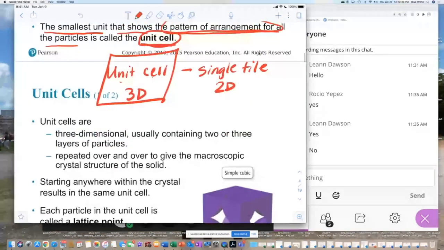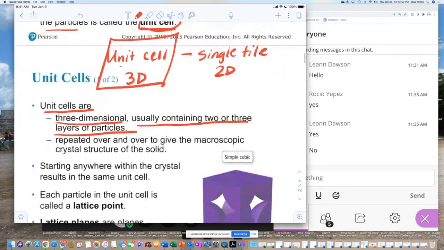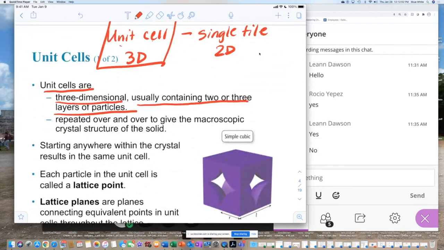So we're told here the unit cells are three-dimensional and they usually contain 2 or 3 layers of particles. Sometimes it's just one layer, sometimes 2 or 3 layers of particles. Remember, if you repeat the unit cell over and over, taking a bunch of unit cells, kind of like Legos or tiles, and stacking them together, you get the macroscopic crystalline structure.